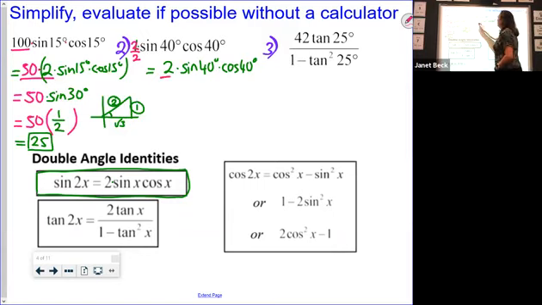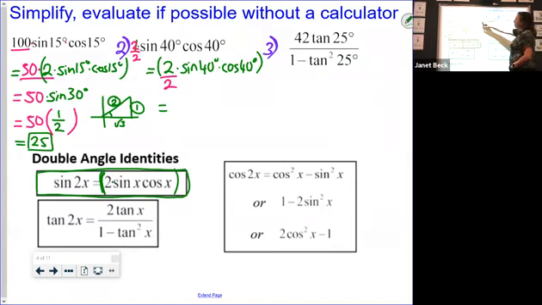So what I'm going to do is divide that by 2. Now I've got 1 times the sine of 40 times the cosine of 40, but the 1 is written as 2 divided by 2. So what I've got in the numerator there is literally this, where my x is 40 degrees.